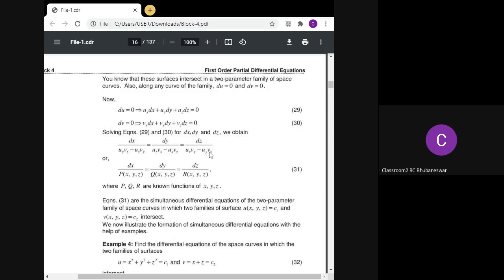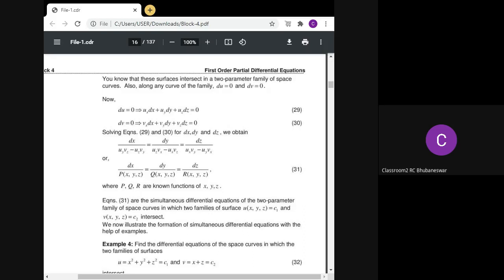This is the simple way we assign three known functions P, Q, R in the denominators. Now, as you can see in equation number 31, this relation gives a simultaneous differential equation of the two parameter family of surfaces, in which u equals c1 and v equals c2 are the solution to this system of differential equations.